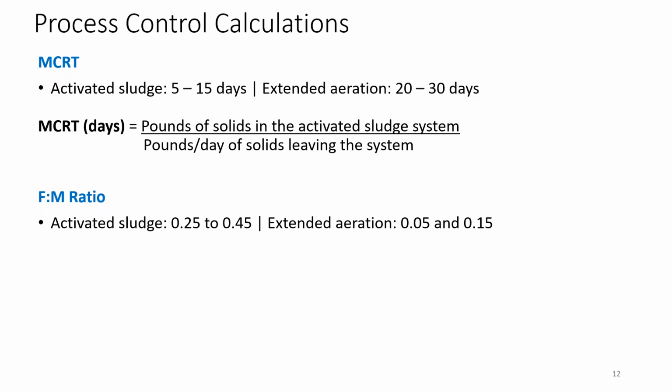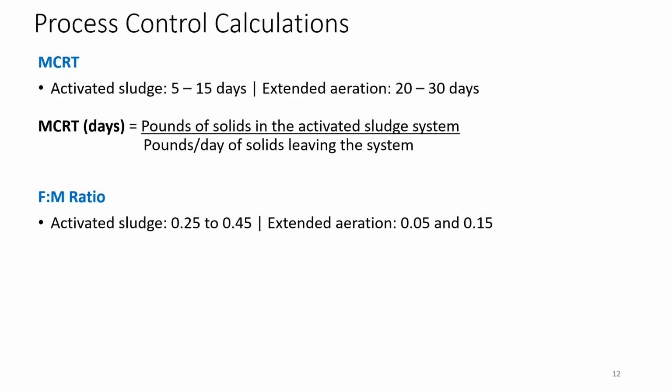The FM ratio ranges from about 0.25 to 0.45 for conventional activated sludge. So for every pound of microorganisms, there's a quarter pound of BOD to consume. So there's more microorganisms than food. For extended aeration, it's a lot lower, from 0.05. 0.05 is 1/20th.